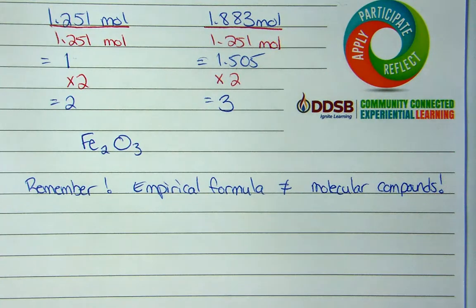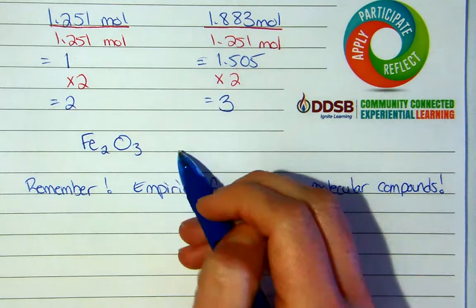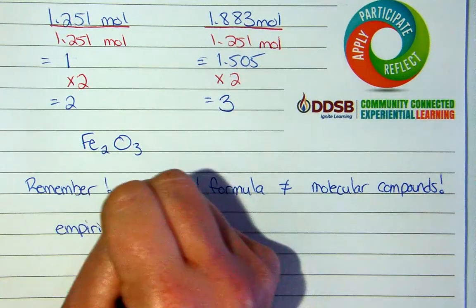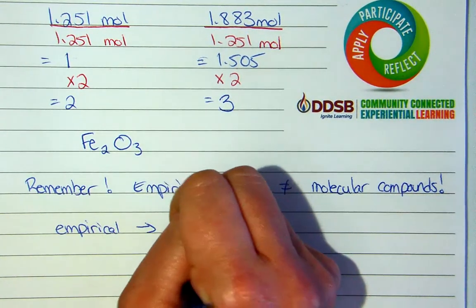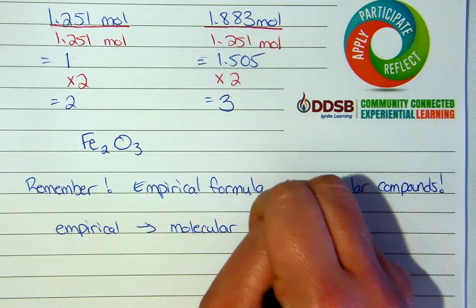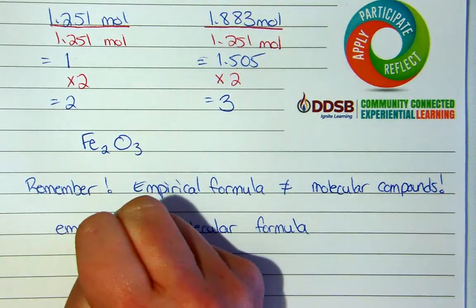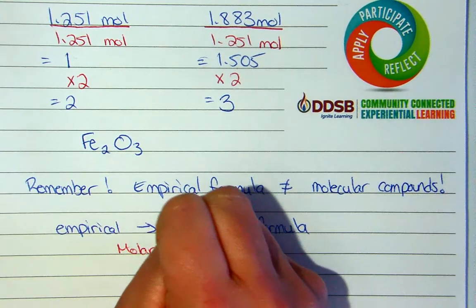So what do we need to have to go from empirical to molecular formulas? We need to have the actual molar mass of the compound.